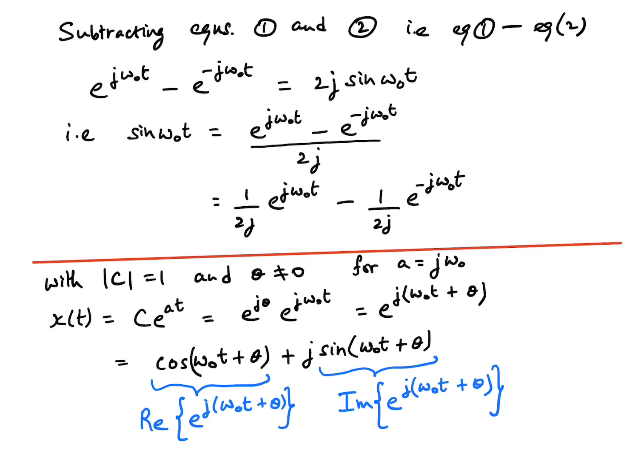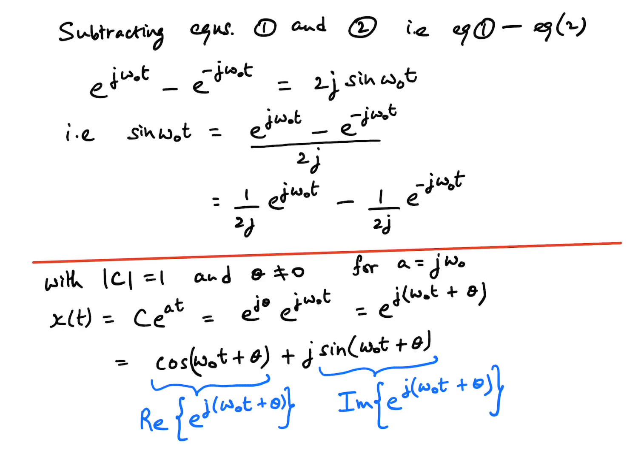That will become 2j sine omega naught t. So that is exactly what we have here. Now taking the 2j to the other side, we can represent sine omega naught t as the sum of two complex exponentials. So we have seen how to represent our real sinusoidal signals in terms of the complex exponential signals.